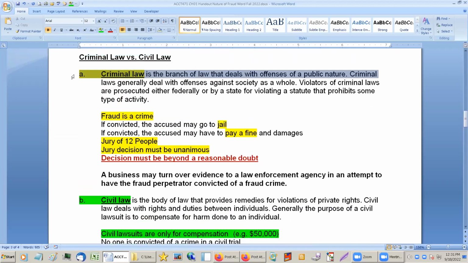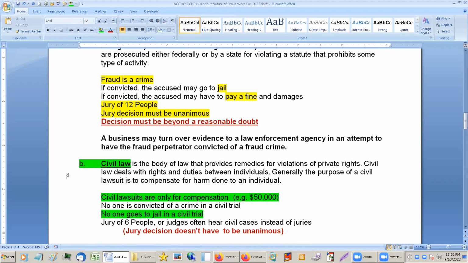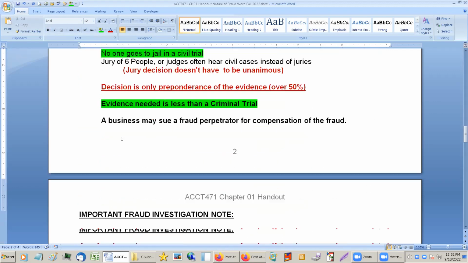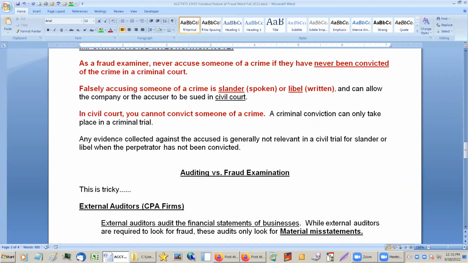So if you accuse somebody of this and they haven't been convicted of a criminal offense, they can sue you down here, and you cannot prove criminal in a civil lawsuit. Okay.